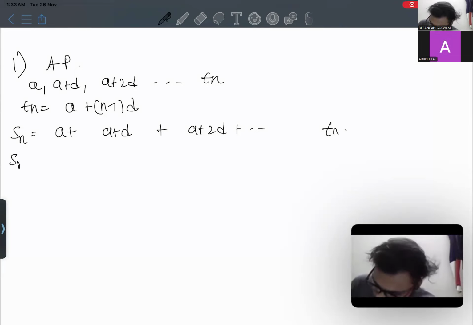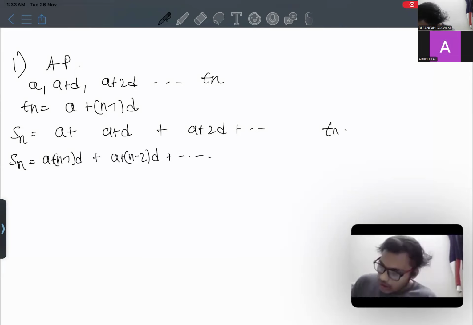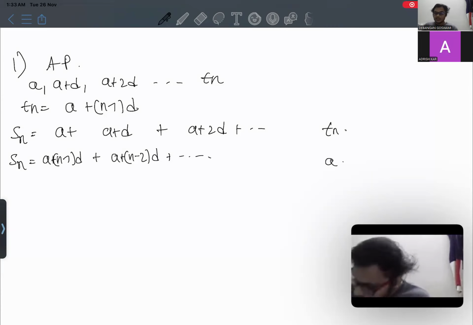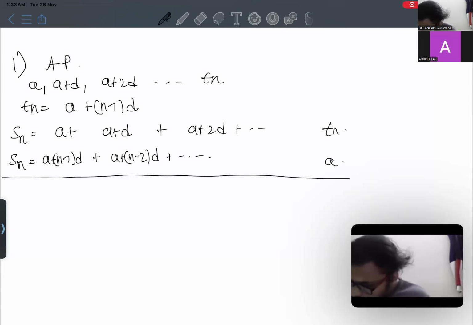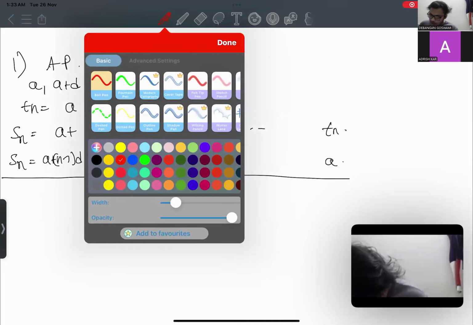So Sn can also be rewritten as A plus (n minus 1)D plus A plus (n minus 2)D, right, up to A. Now, you'll see a very nice pattern being followed here.